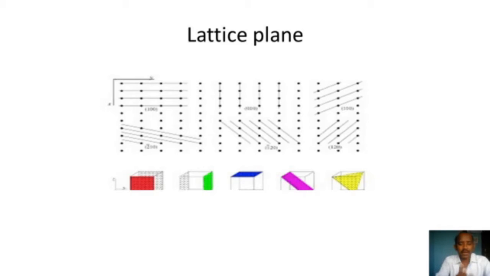If you take it along the x-axis, the distance between the two points is taken as a. If it is along the y direction, the distance between the two points can be taken as b. Along the z direction, which we are not showing here, the distance between the two points is c.